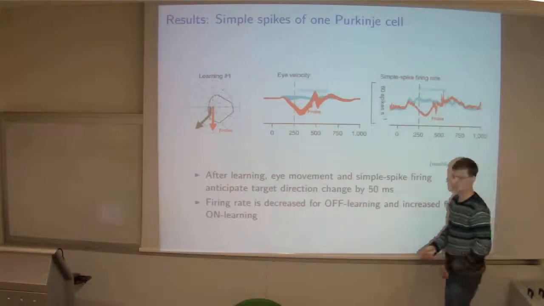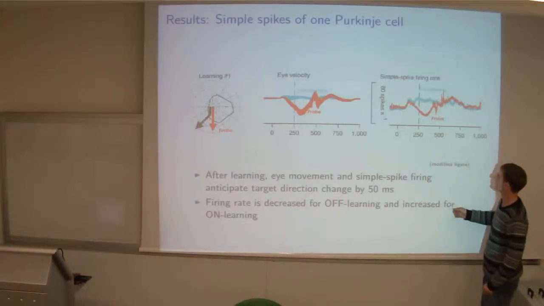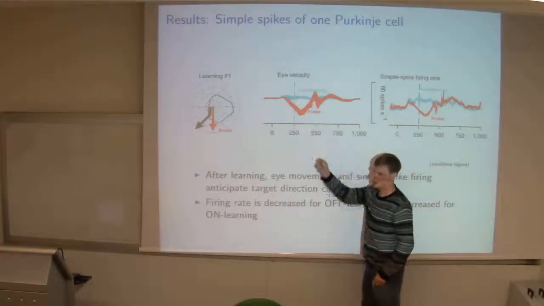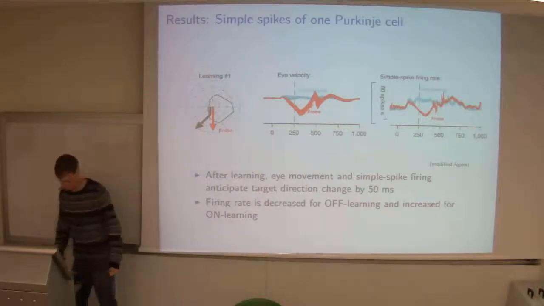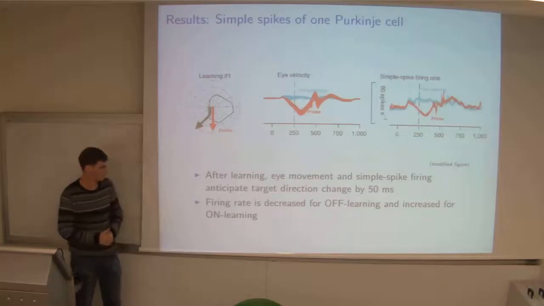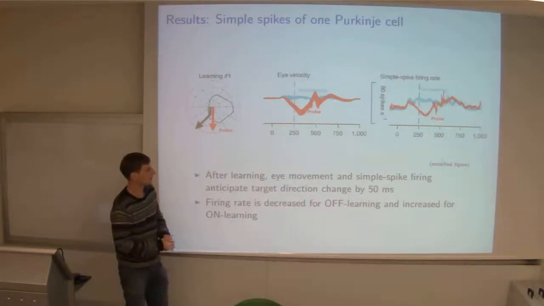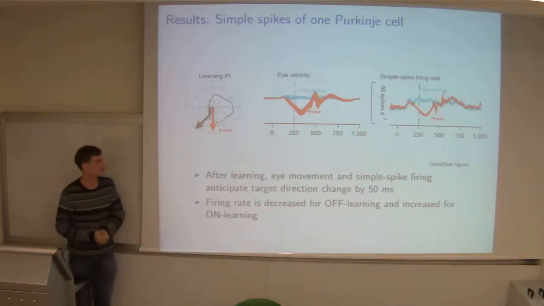So it looks like that in this specific Purkinje cell, the spike rate change and the eye velocity change align very well. Okay, and the on trials, I ignore them because it would be too much. There you have not a decrease of firing rate of the Purkinje cell, but an increase. But I won't mention it anymore.